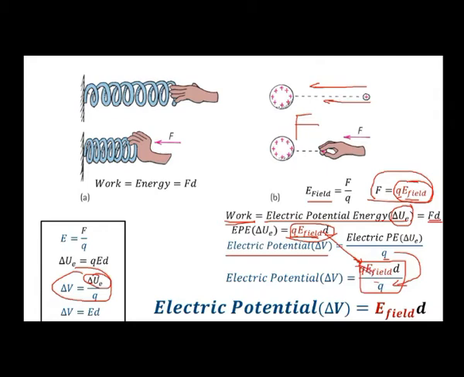Q divided by Q is cancelled. So we have electric field times the distance is equal to electric potential. So this is our other formula for electric potential. We have our earlier formula, which is potential energy divided by the number of charge, and then we also have it in terms of electric field and distance. You follow?